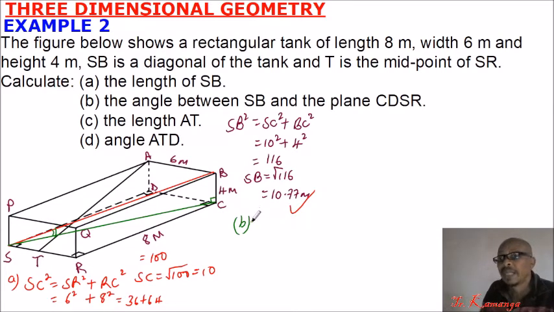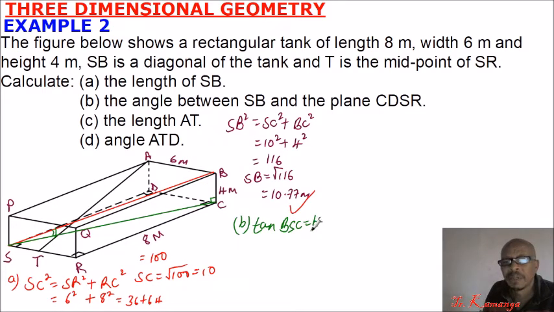So we can use the trig ratio and say tan BSC, that is the angle that we are interested in. Tan BSC is equal to opposite over adjacent.